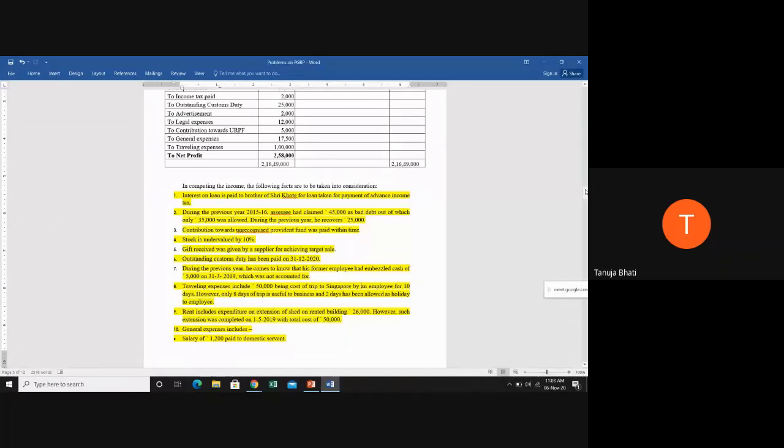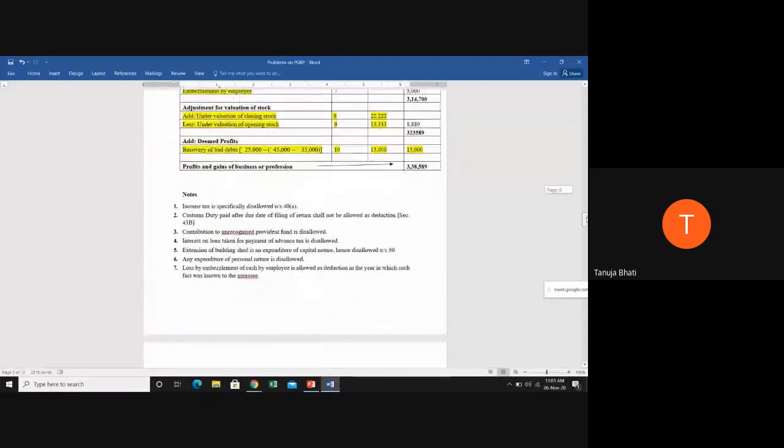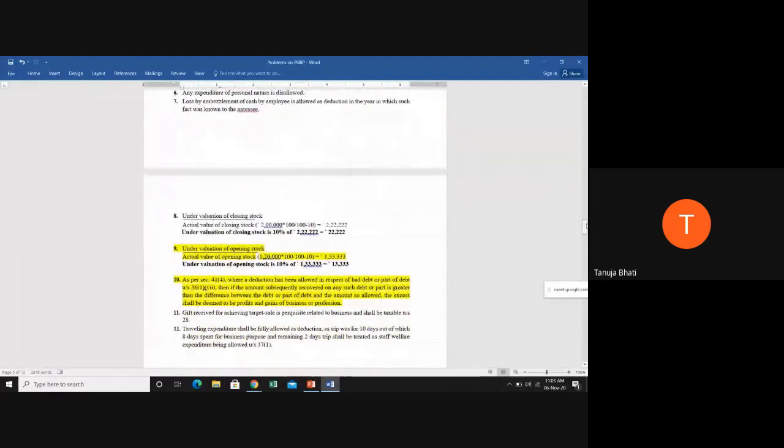So that he can enjoy. So this is an allowable expenditure. So here, point number 12 I have written: traveling expenses shall be fully allowed as the trip was for 10 days, out of which 8 days was spent for business purpose and 2 days is treated as staff welfare expenditure, which is allowed under section 37.